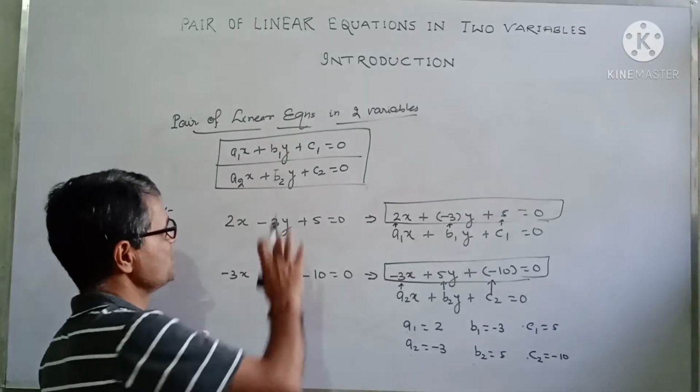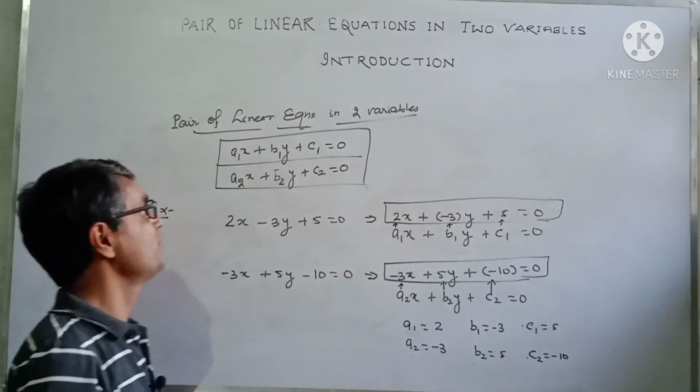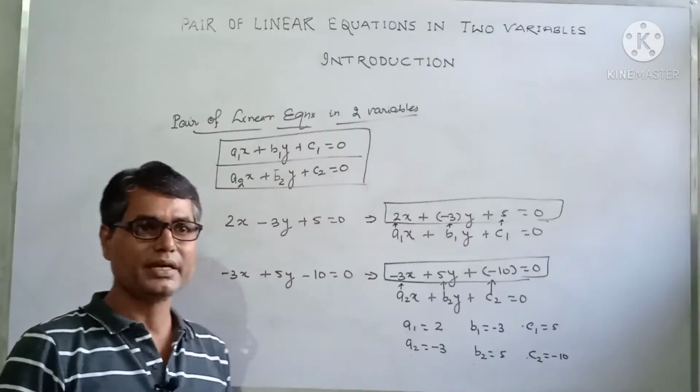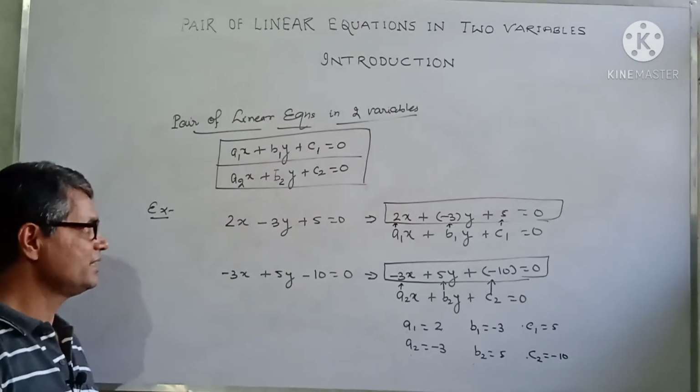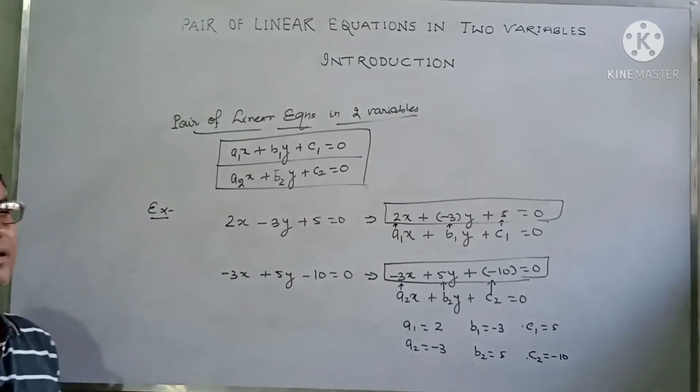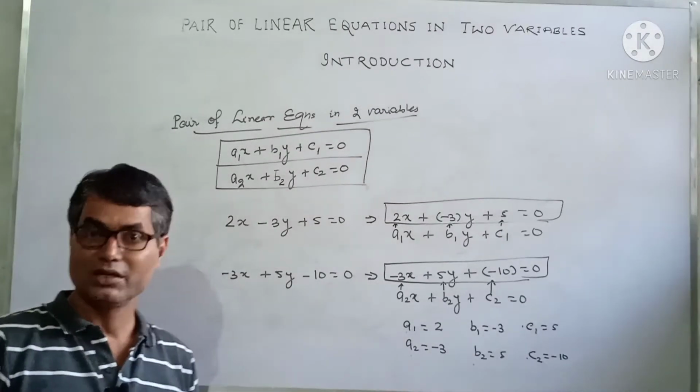Therefore, this is an example of a pair of linear equations in two variables. I hope you have understood the meaning of a pair of linear equations in two variables.